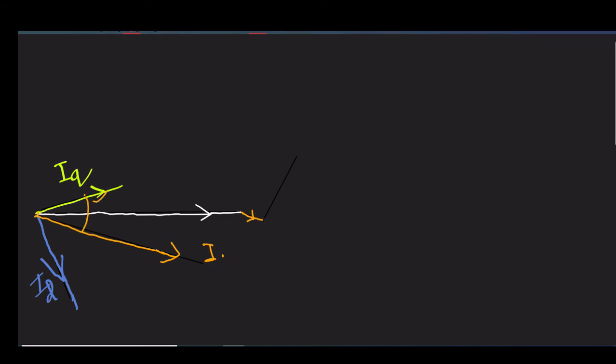This is your beta. This is what? Delta. This is what? Theta. This is your V. This is IR. Right?